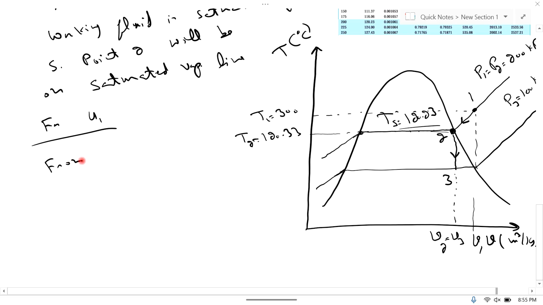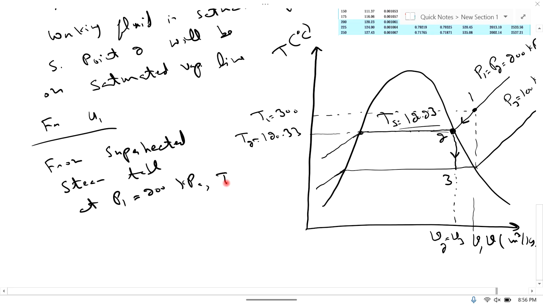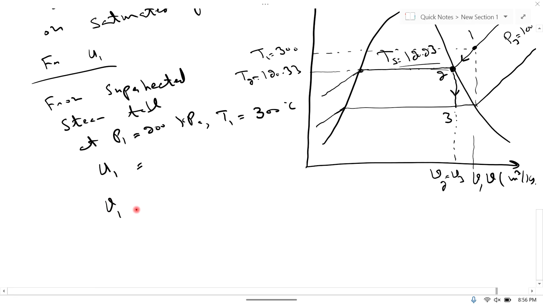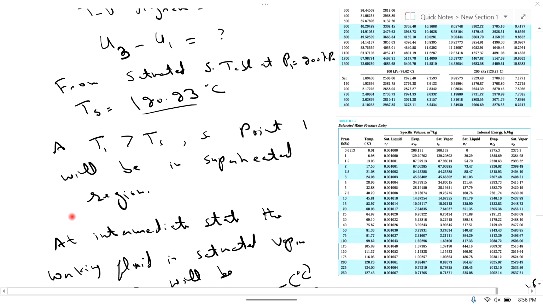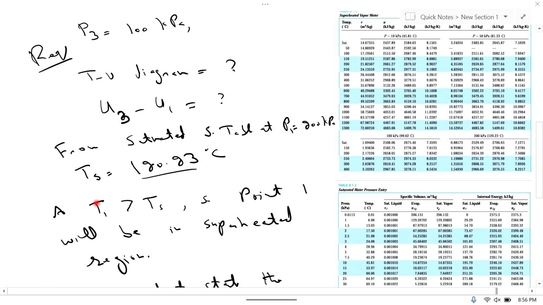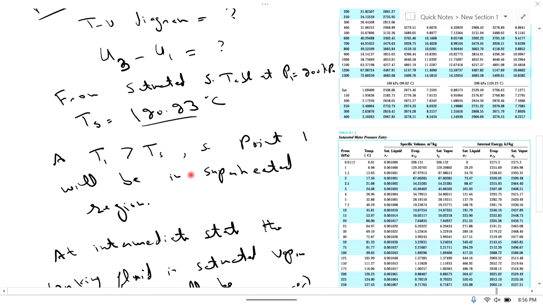So from the superheated steam table, at pressure P1 is equal to 200 kilopascal and temperature T1 is equal to 300 degrees centigrade, find U1, and you can also find V1. So check the superheated steam table.